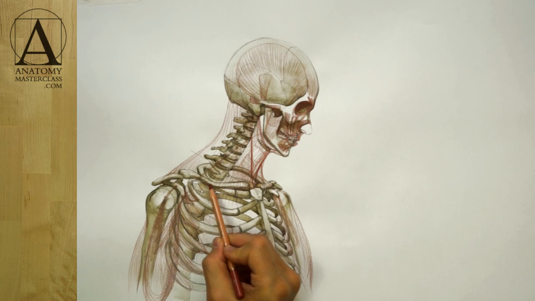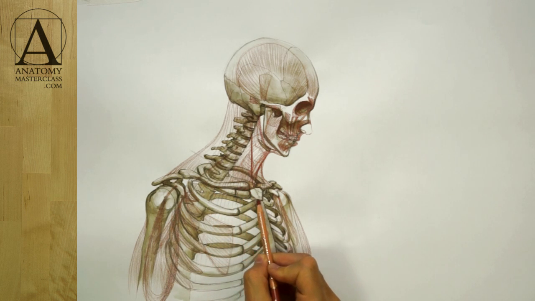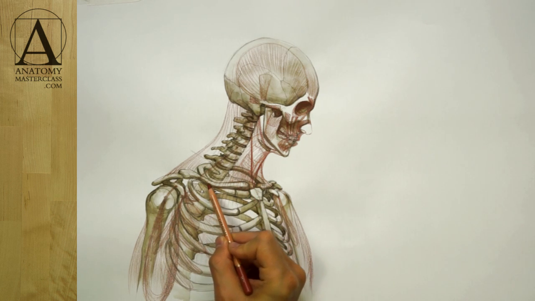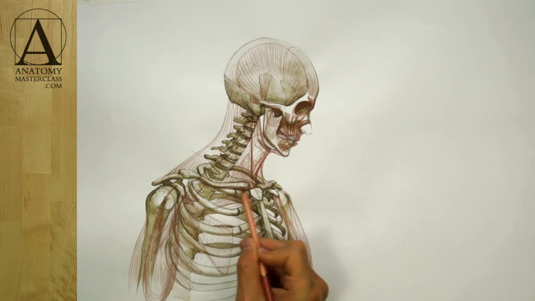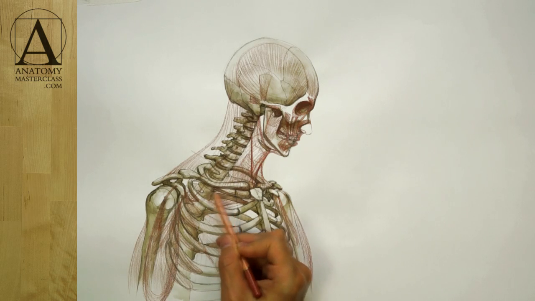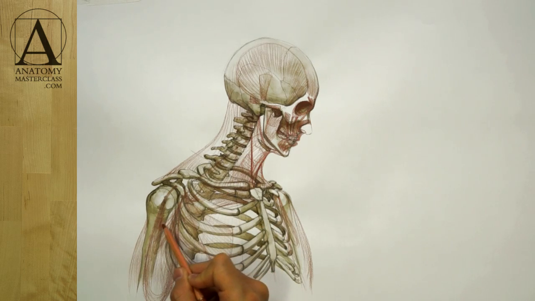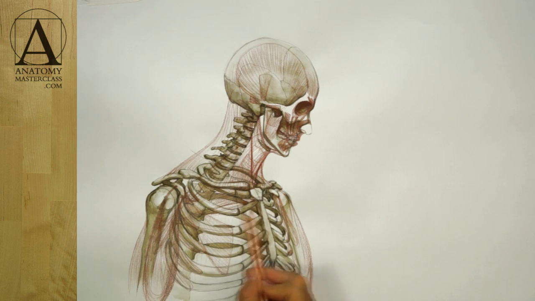Here is the chest muscle. It has 3 portions. The top portion begins from the inner half of the collarbone and travels diagonally downward. The middle portion begins from the breastbone and travels horizontally sideways.